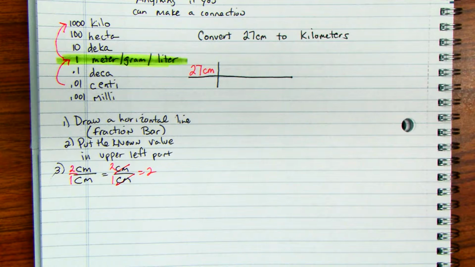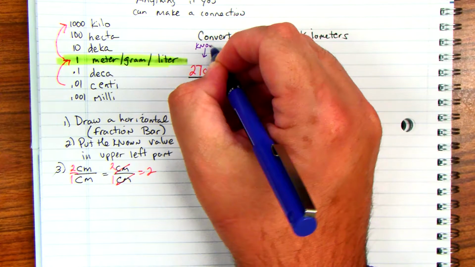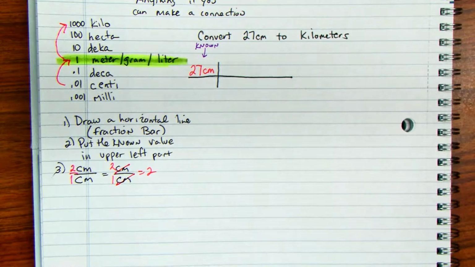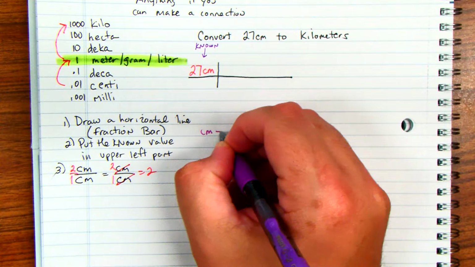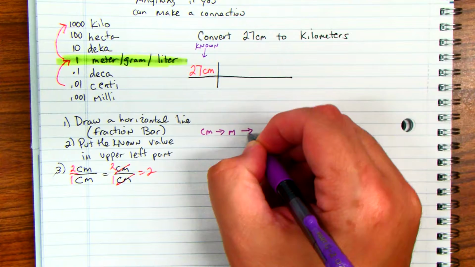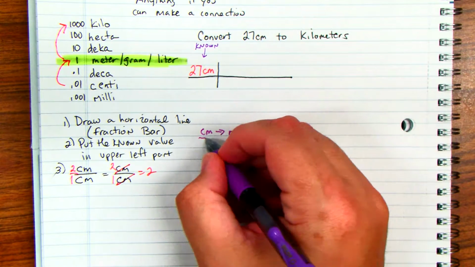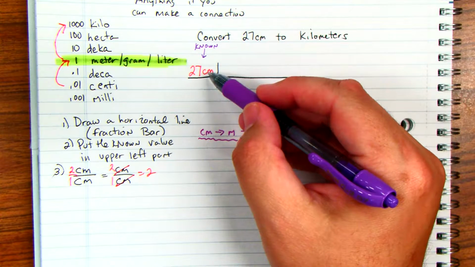So this is the known value. Now we need to get the conversion. First, we're going to go from centimeters to meters, and then from meters to kilometers. So if I'm worried about centimeters to meters, since centimeters is in the numerator, I want it in the denominator.